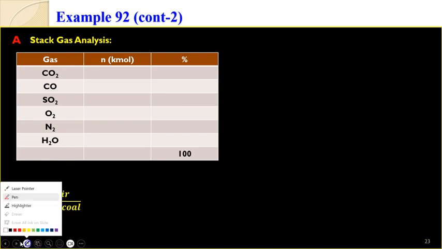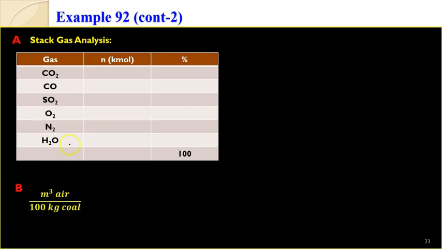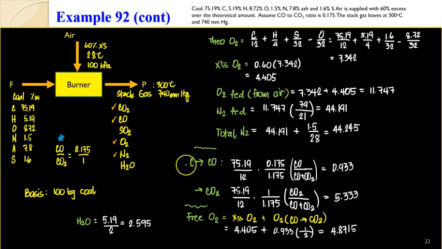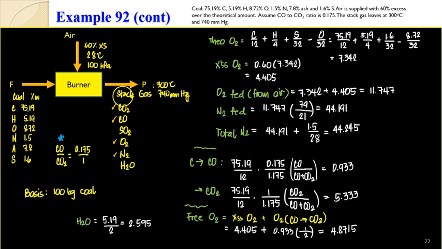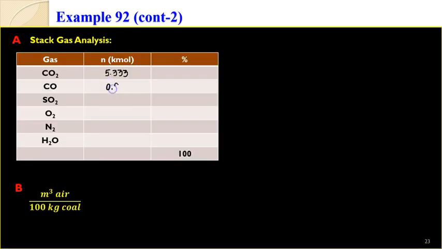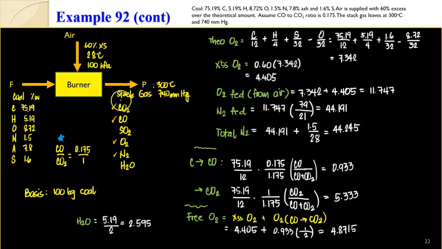So I have created here a table for the stack gas. Let's just transfer here the values. For CO2, we have 5.333 kilomoles. For CO, 0.933. For SO2, all of the sulfur will convert to SO2, right?